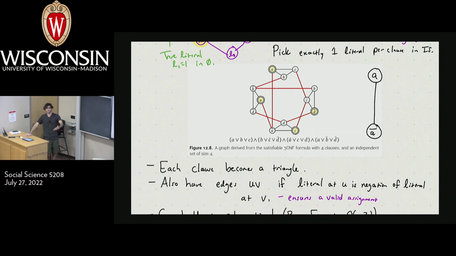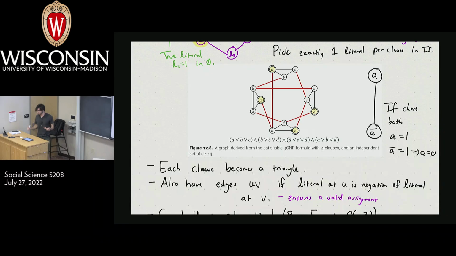Now, why do you do this? Well, let's say you chose both A and not A. Based on the scheme I said above, we would be setting A equal to 1 and not A equal to 1, which is the same as saying A equals 0.